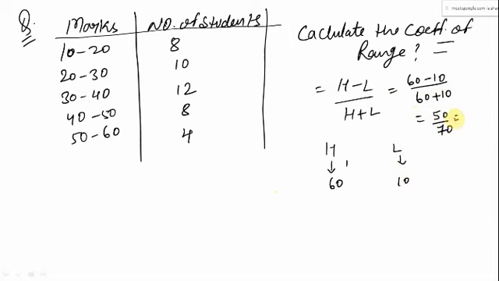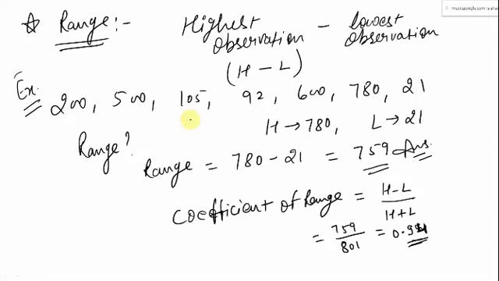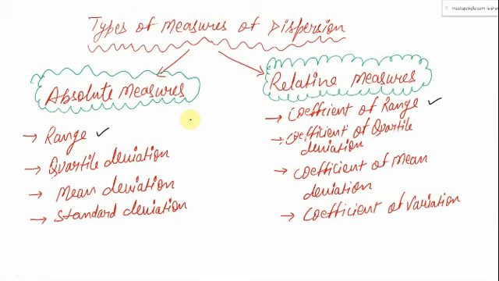What will it be? 0.71. Yes, sir. So 0.71 is the coefficient of range for this practice example. It is quite simple, which is why I have done it in a hurry. But still, if you find any problem, you can ask any time.